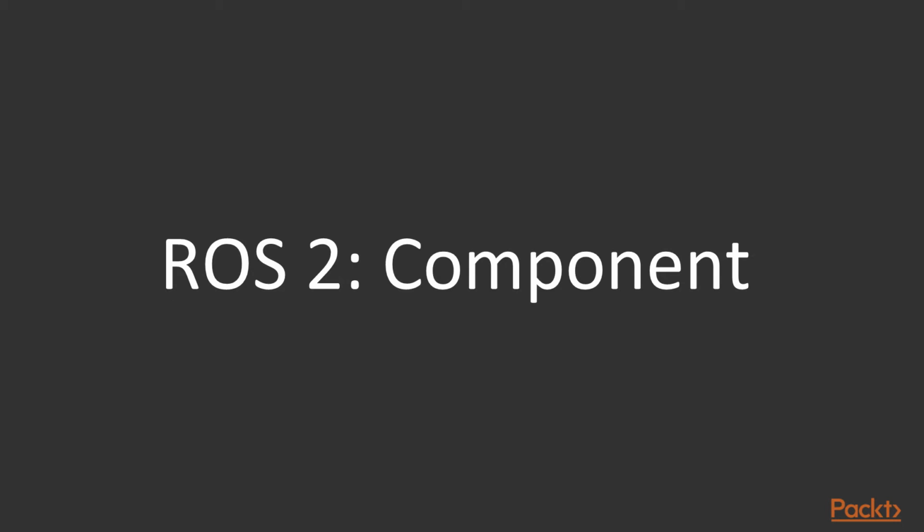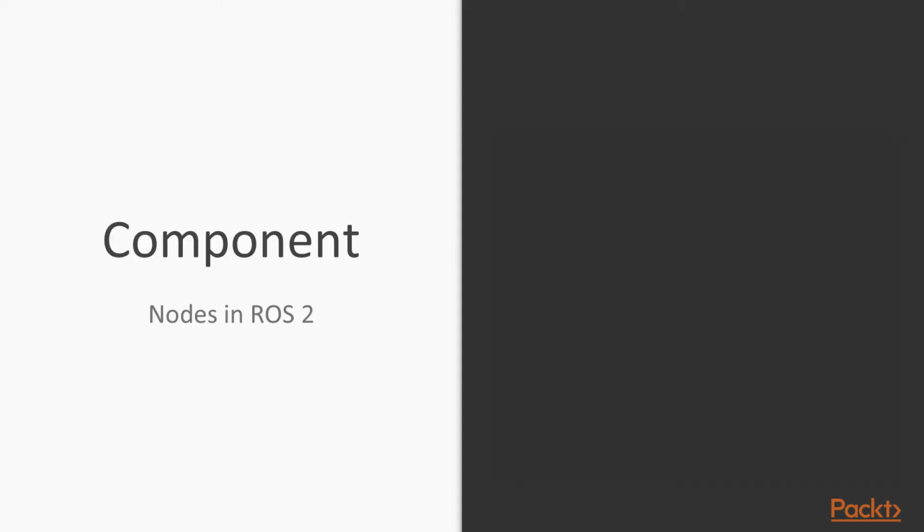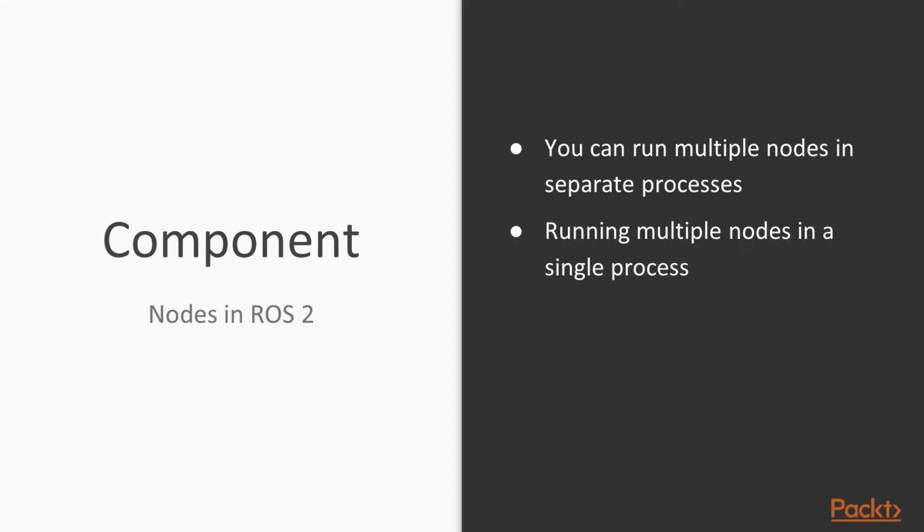In ROS2, the recommended way of writing your code is similar to a nodelet. We will call it a component. By making the process layout a deploy time decision, the user can choose between running multiple nodes in a separate process with the benefit of process fault isolation, as well as easier debugging of individual nodes, and running multiple nodes in a single process with a lower overhead and optionally more efficient communication.